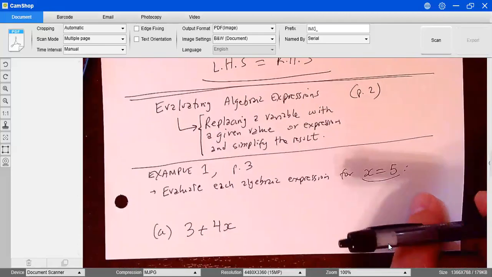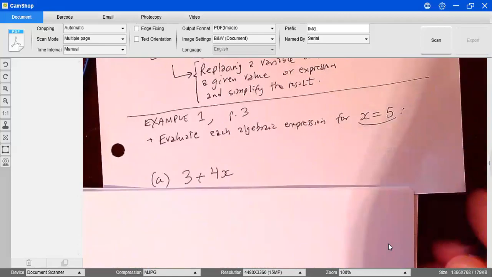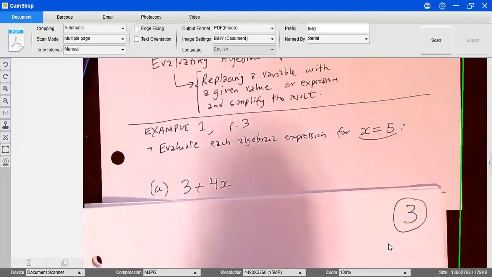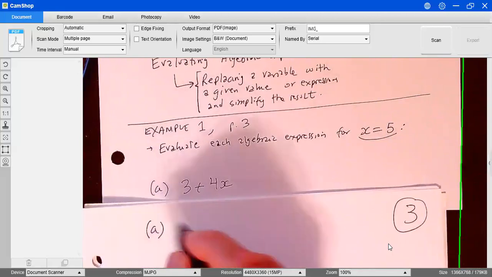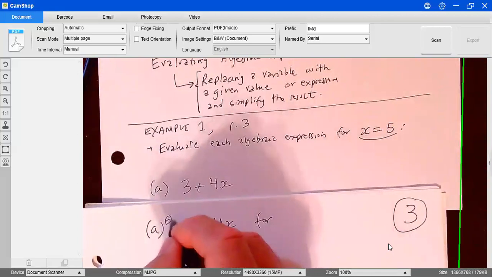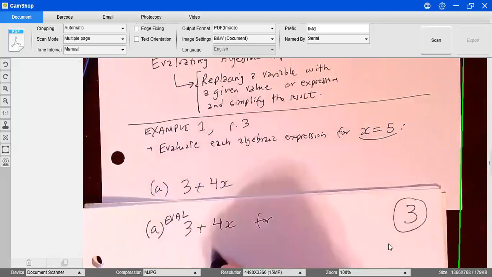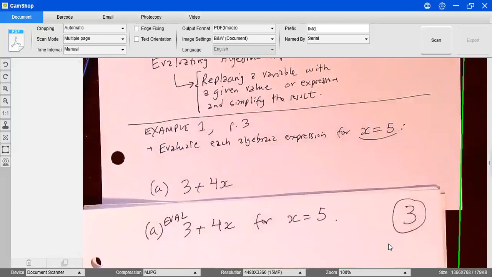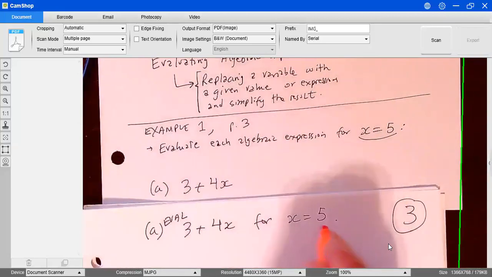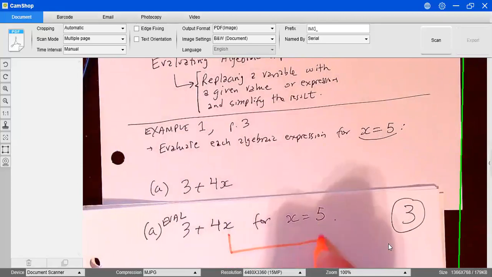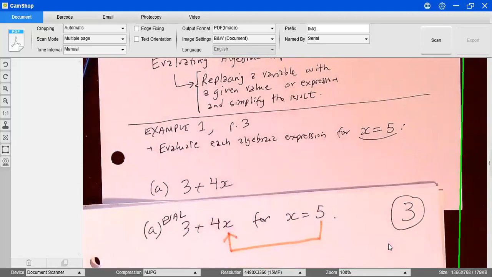I'm going to write this here to be clear about what we're going to do now. We're going to evaluate 3 plus 4x for x equals 5. What we're going to do is replace every x in this expression with 5.